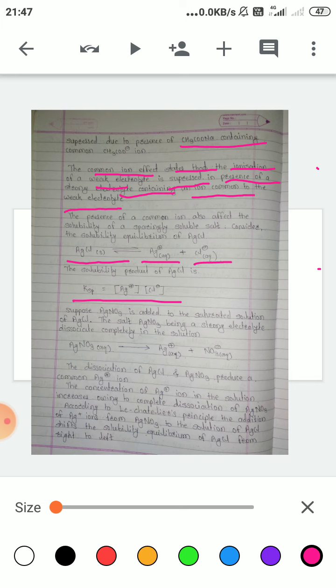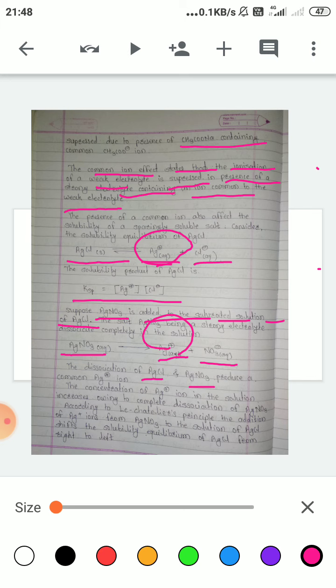Now suppose silver nitrate is added to the saturated solution of AgCl. AgNO3 is a strong electrolyte, so it dissociates completely and forms Ag plus ion and NO3 minus ion.